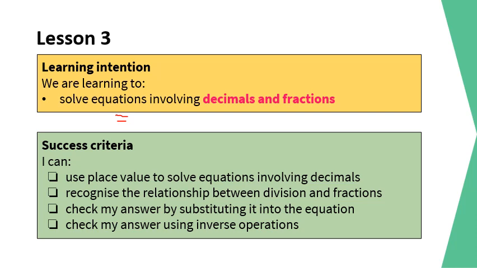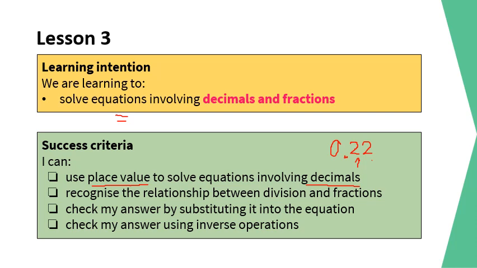Now to do this, you'll really need to understand your place value around decimals. So understanding what differentiates each place value, and that still applies to our regular place value system, but particularly with decimals, what's the difference between this 2 here and this 2 here.